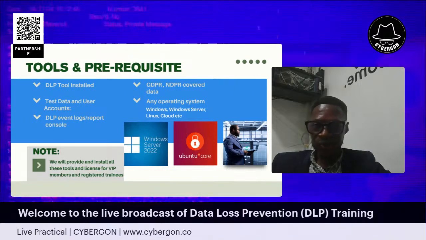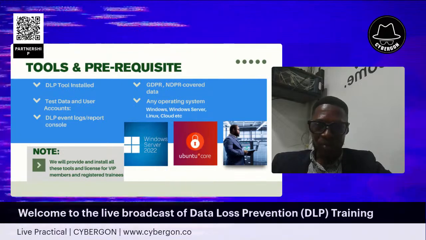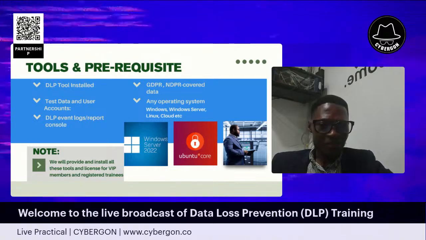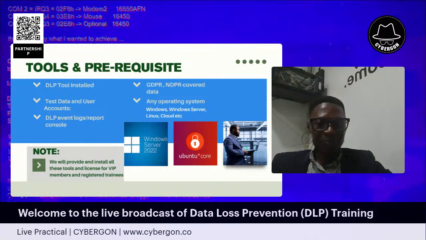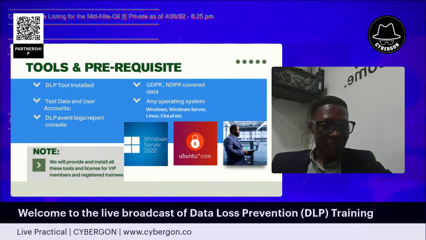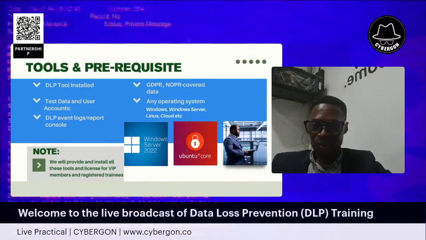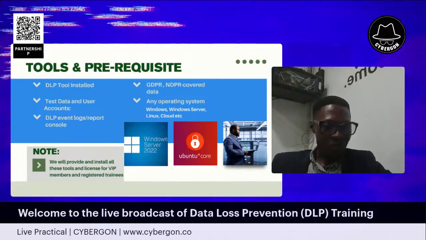We hacked one, we saw it live, and we gained access to the backend. We were able to work on the data and download that data. Now, if a hacker could get into your database, your backend, and you didn't receive any alert, it means your solution is not working fine. So that is what we are going to be doing. We have the tools and the prerequisites. We are going to start the implementation.